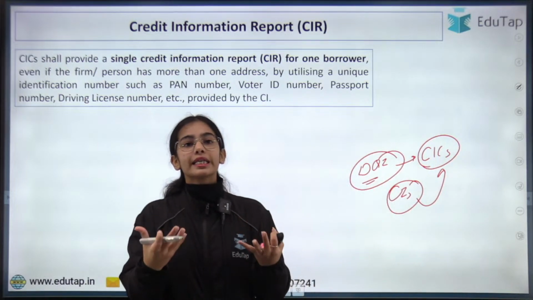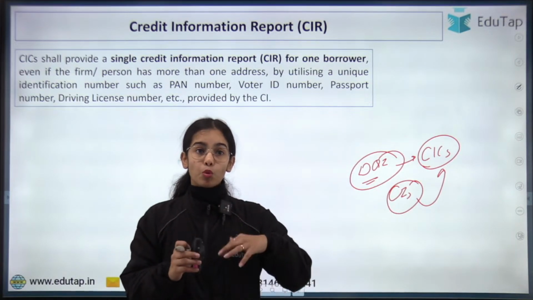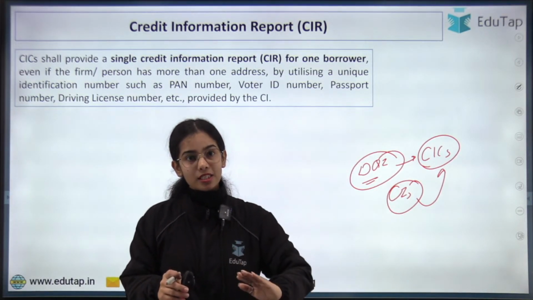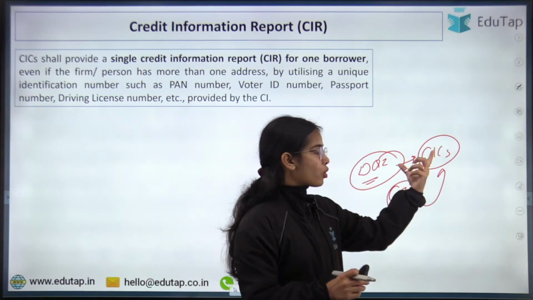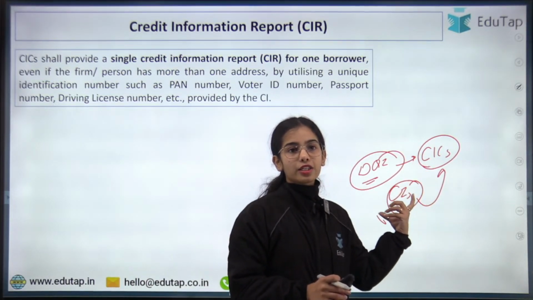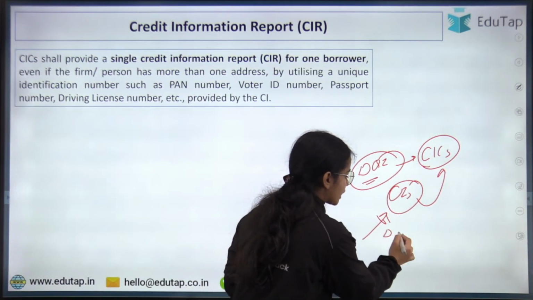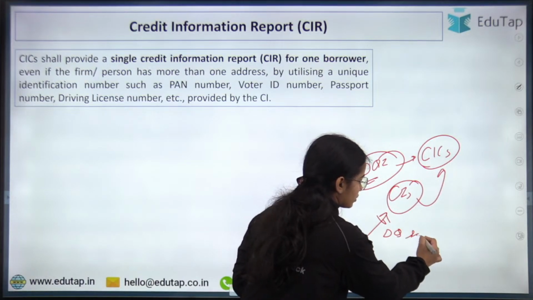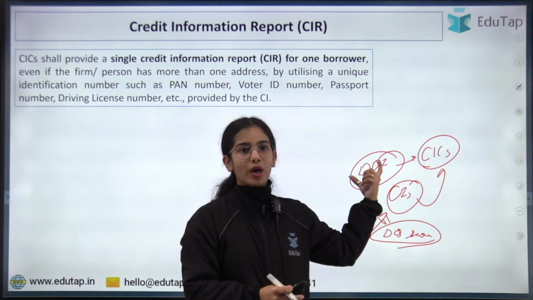Now, how well the data is presented, how well the format has been followed, are there more discrepancies or fewer discrepancies, is the data correct or not. On the basis of all these things, the credit institutions are ranked, or they get the data quality score.